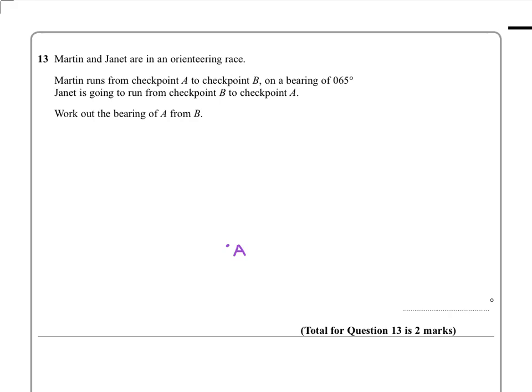Well, every time you put down a point, always, and I mean always, draw a north line from it. Because if you want to go from A to B, you've got to follow this bearing, and the bearings always go clockwise as the hands on a clock would turn.